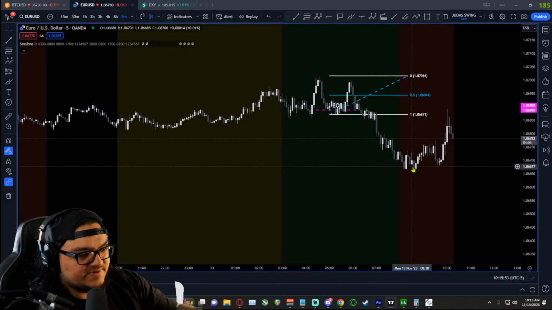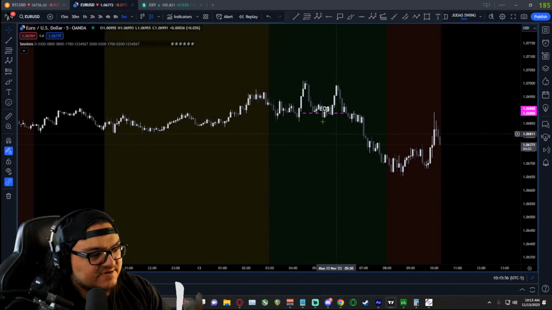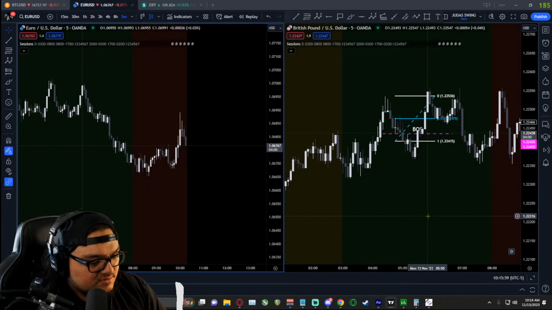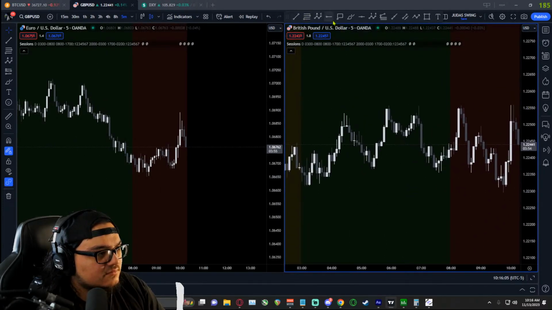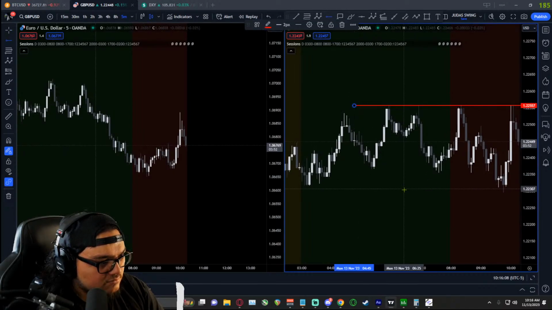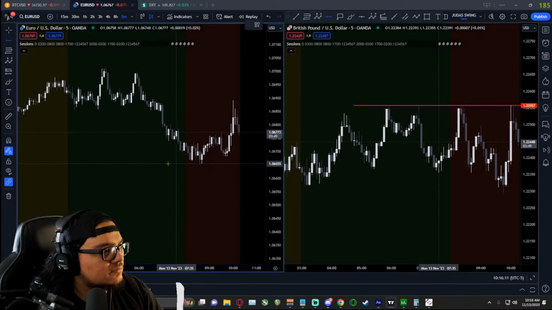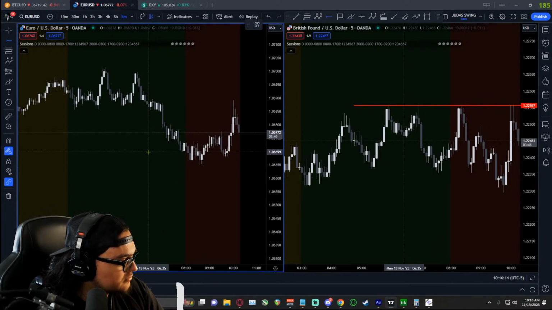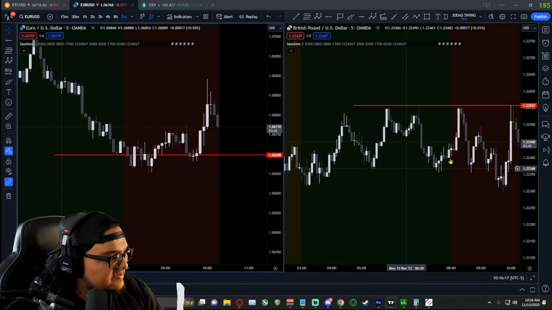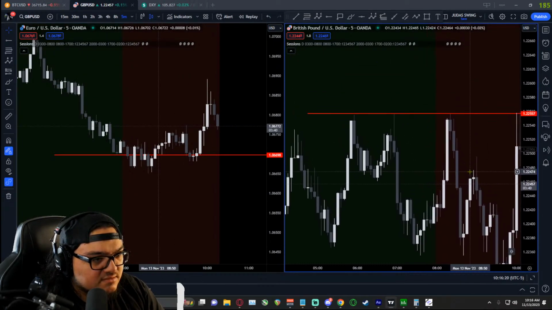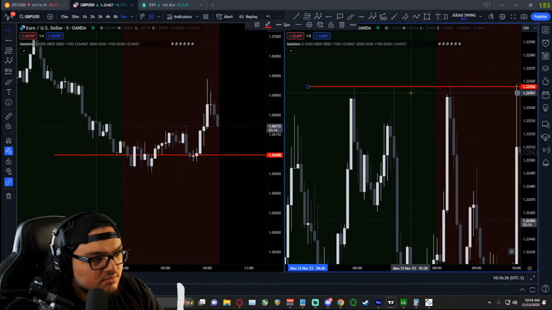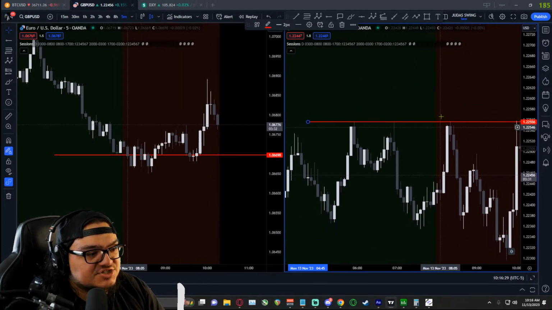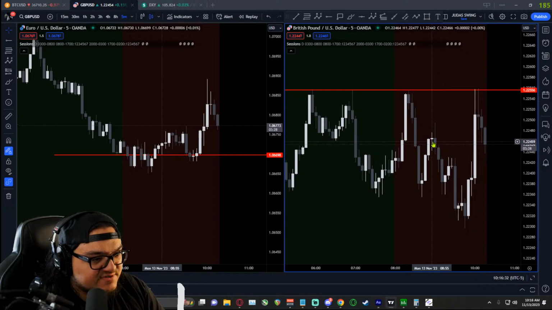So at the moment, if I take a look at what's going on right now, I haven't really looked at price since waking up. It looks like GU did actually break the high first, but it looks like you wouldn't have gotten stopped out of that.